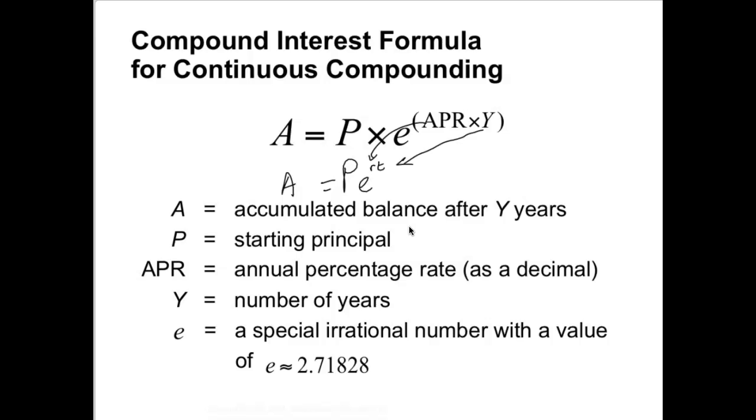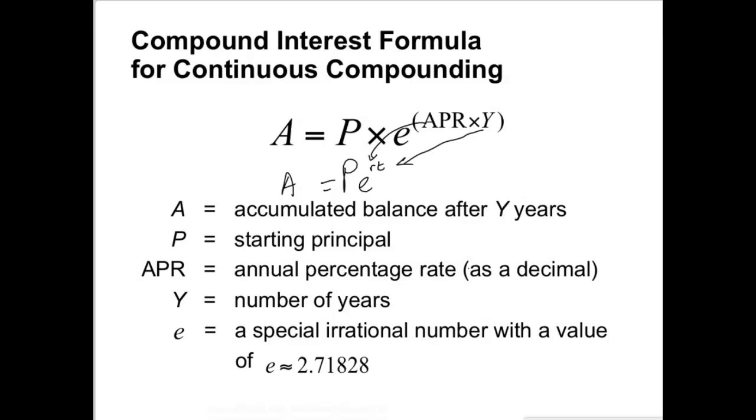So often referred to as the PERT formula. Where e is a natural constant. It's irrational, similar to pi. It's called Euler's constant. It's approximately 2.71828. Your calculator has a button for it.